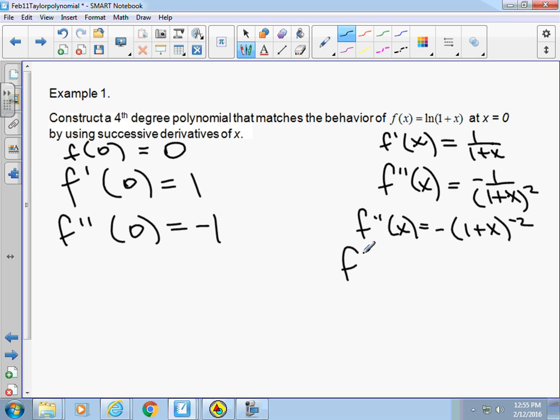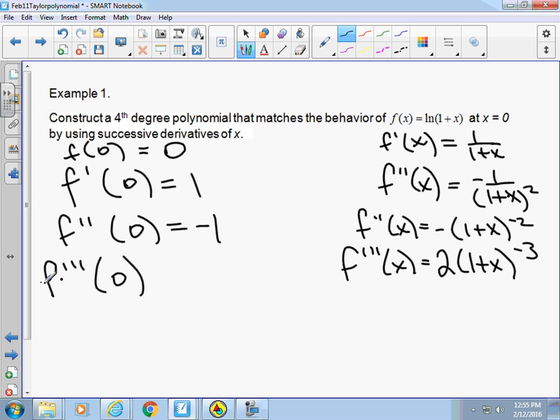So the third derivative would be positive 2 times 1 plus x to the negative 3. So the third derivative at 0 would be 2. Everyone agree?